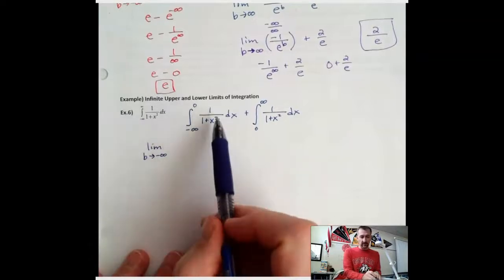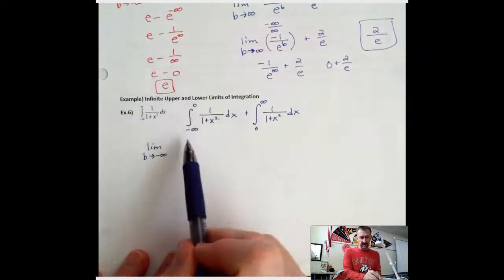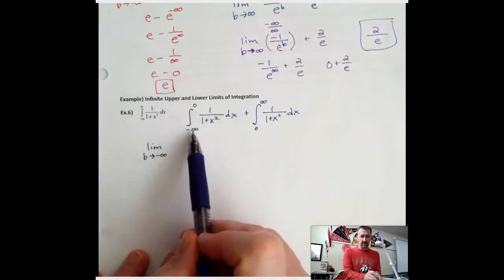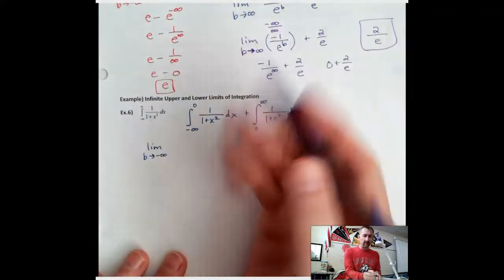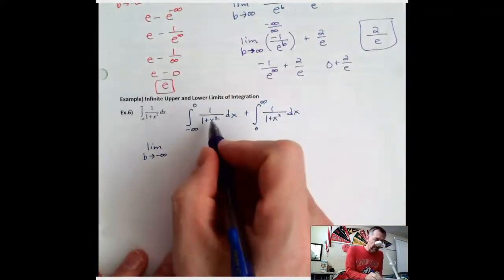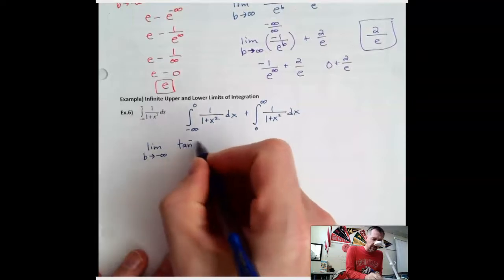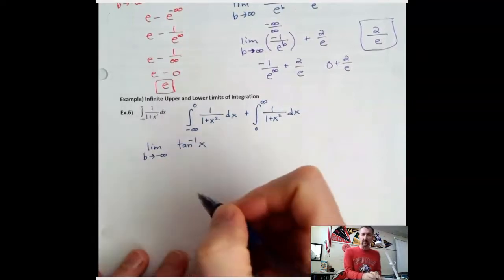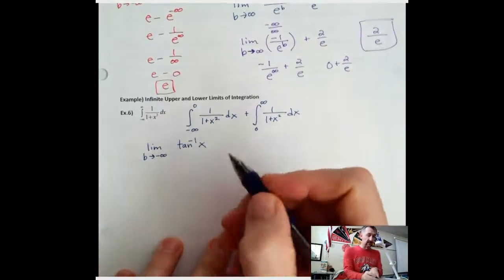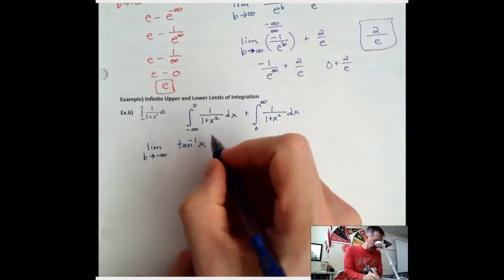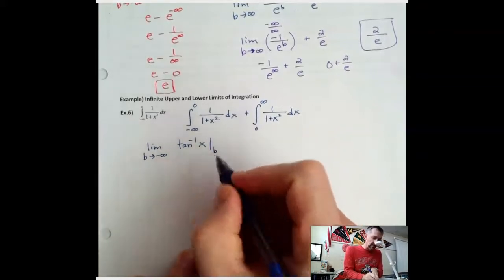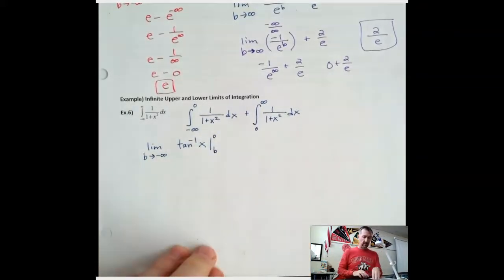What I would be doing next normally is I'd write this exact same thing down, except I would put a b right there for this part. But I'm going to integrate that. That's arctangent, inverse tangent. We've had that a couple times, so hopefully you're starting to recognize that one from having seen it a few times. And then that's going to be b to 0.